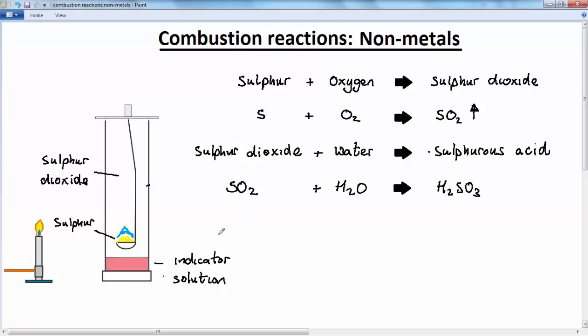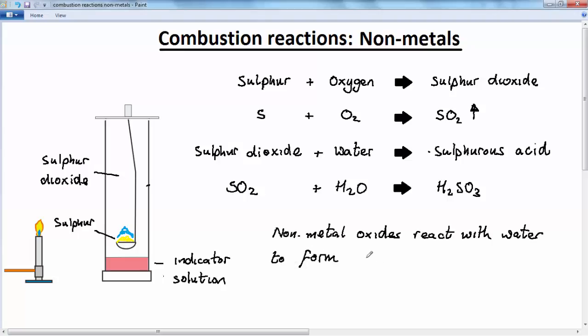If you take carbon and burn that in oxygen, you get carbon dioxide. You dissolve the carbon dioxide in water, and that will be acidic. Not as strong as the sulfurous acid, but it will be acidic. So non-metal oxides react with water to form acidic solutions or acids.